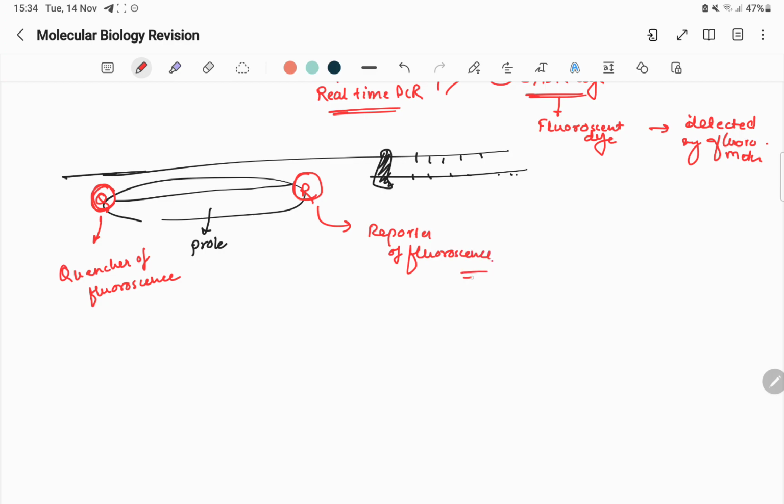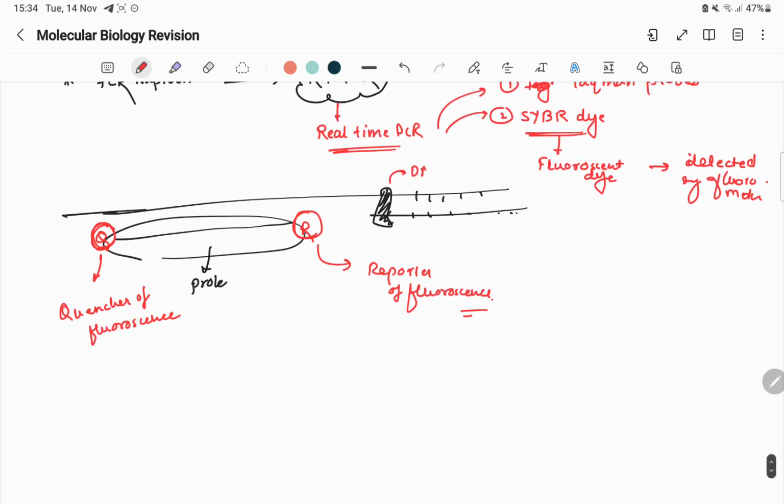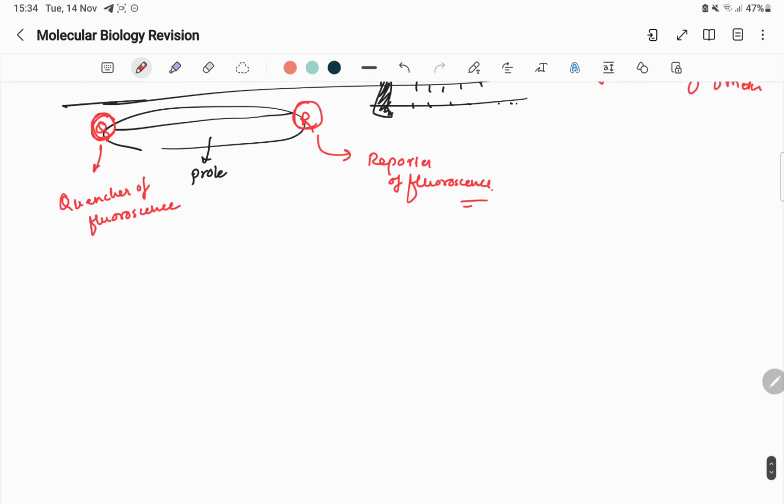When Q and R are together, there will be no fluorescence.